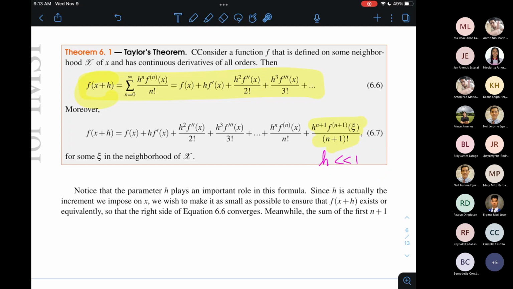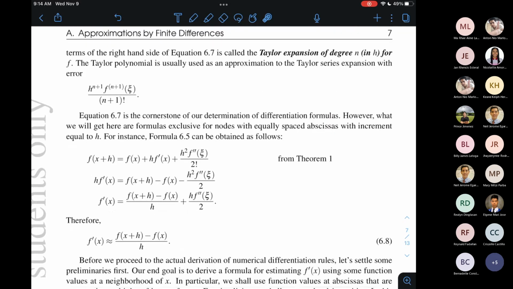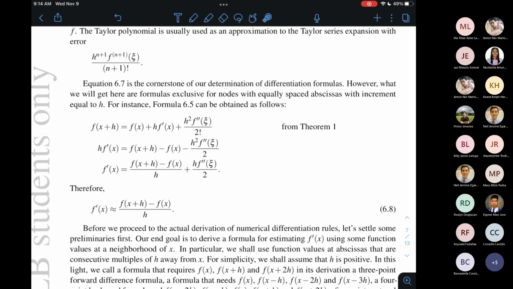Okay? So gagamitin natin yung Taylor polynomial of a certain degree to come up with numerical differentiation formulas. So maybe I can illustrate it for today with a simple example. Then we'll extend the process when we start discussing finding more complicated techniques come Friday. Okay. Now, let me see.